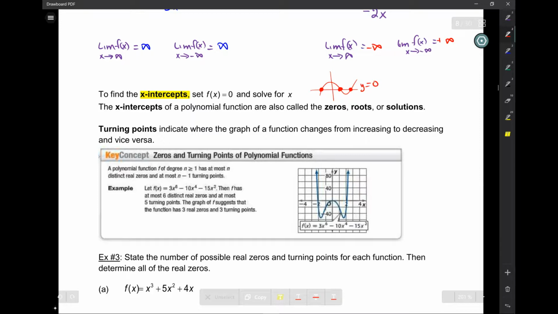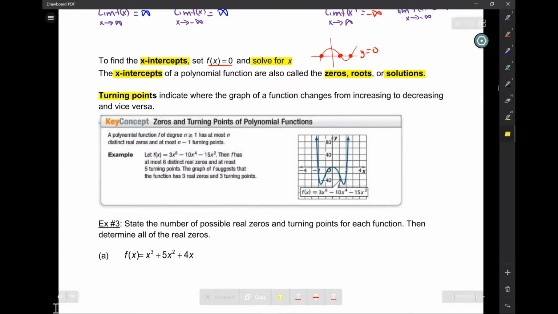Y is the function. So the function is 0. So what I do is set f of x equal to 0 and solve for x. The x-intercepts are also called zeros, roots, and solutions. 4 synonyms, all right? All mean the same thing.